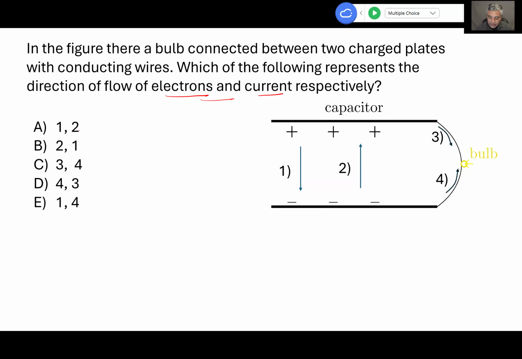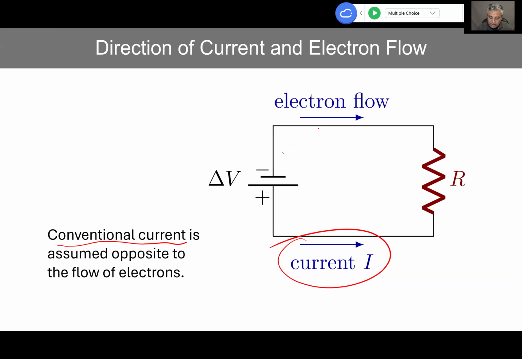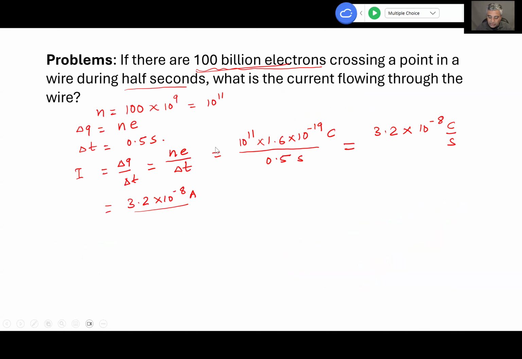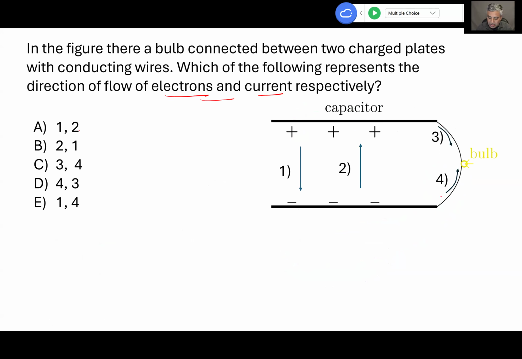Right here in this slide, we talked about electrons going from negative to positive and current going the other way around, right? So first we are looking at electrons.